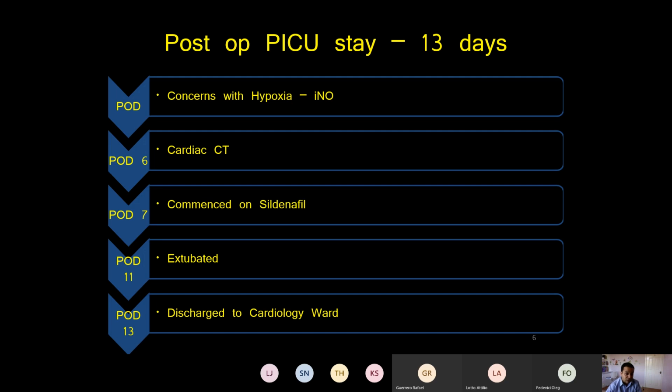That's why the patient had a cardiac CT done. If you have persistent hypoxia, we'll talk through one of the flow charts which I've done. The cardiac CT showed the anatomy is very good. It's more like a functional obstruction. So the patient was started on sildenafil, moved on fairly quickly, was extubated on day 11 post-operatively, and on day 13 was discharged to the cardiology ward.